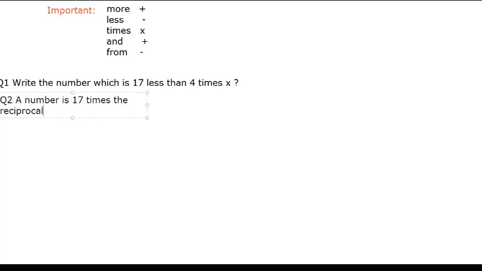Wait, don't do it now. Head up. You're starting your timer for 1 minute. Do you want one question, 1 minute? No. Okay, we'll give you 3 minutes for 4 questions. A number is 17 times.